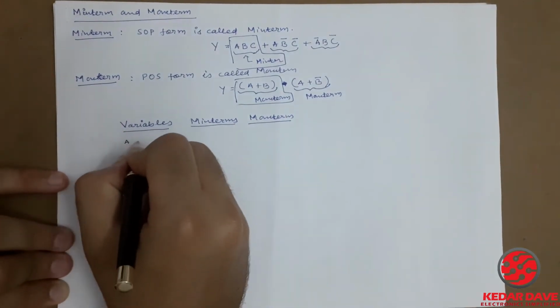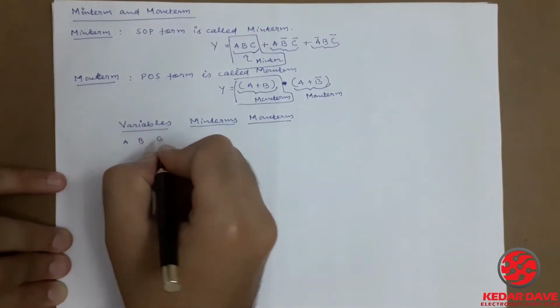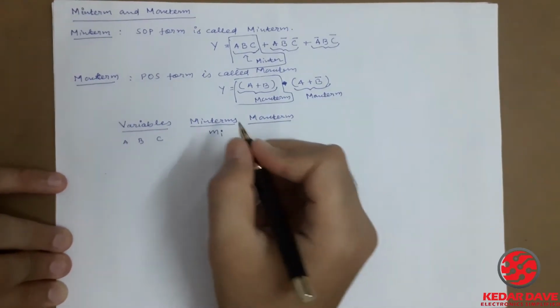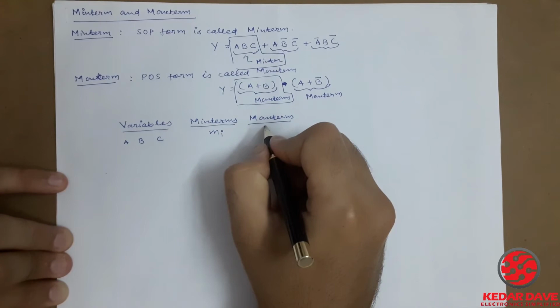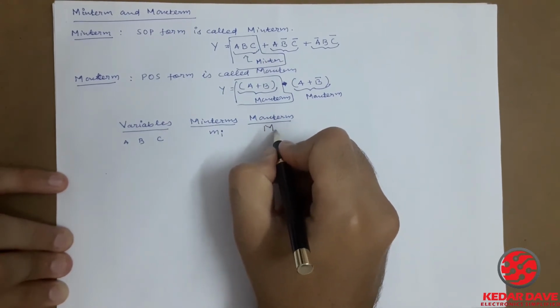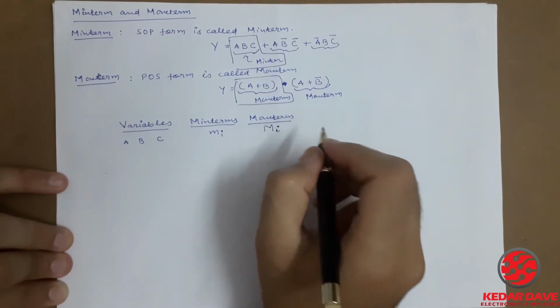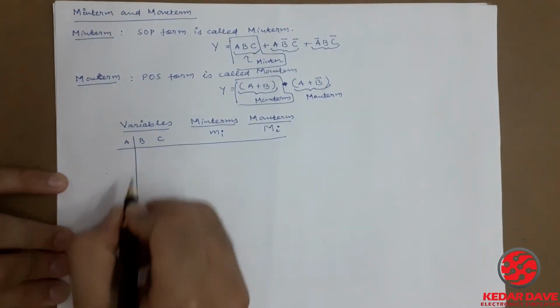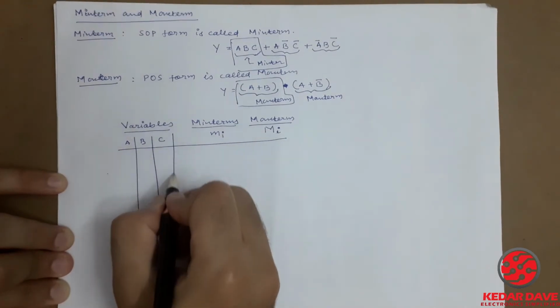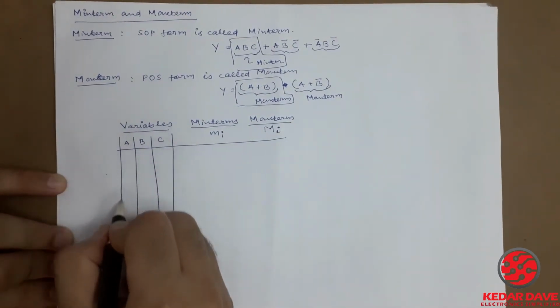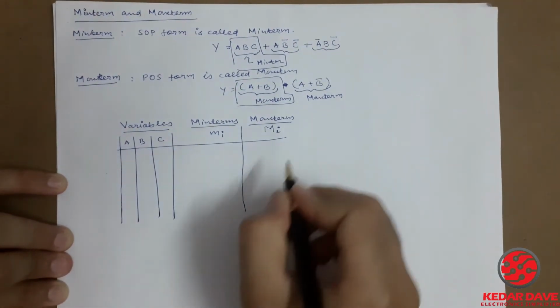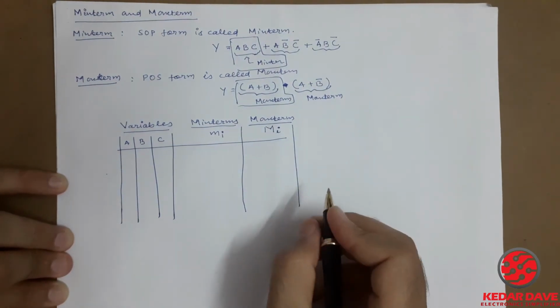For example, if we take a, b and c as variables, the minterm is denoted with small m i, and for maxterm it is denoted as M i. M is capital but i is small. So here we can see that if we take different inputs for the variables, then we will achieve different minterms and maxterms at the output side.